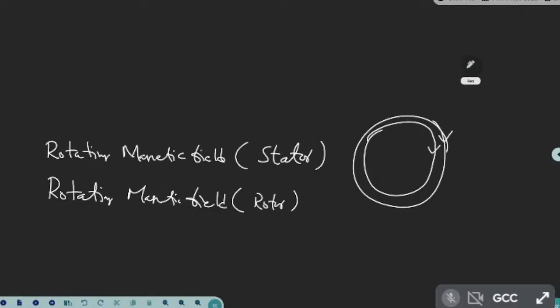These two fluxes will try to move the rotor in a clockwise or anti-clockwise direction. Because of the stator flux and the rotor flux, the rotor starts to rotate.